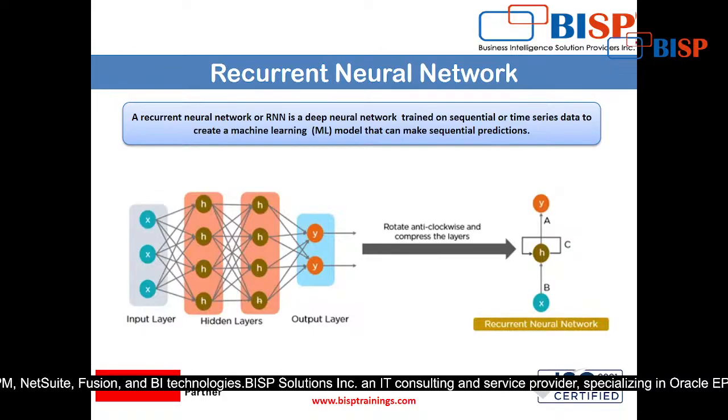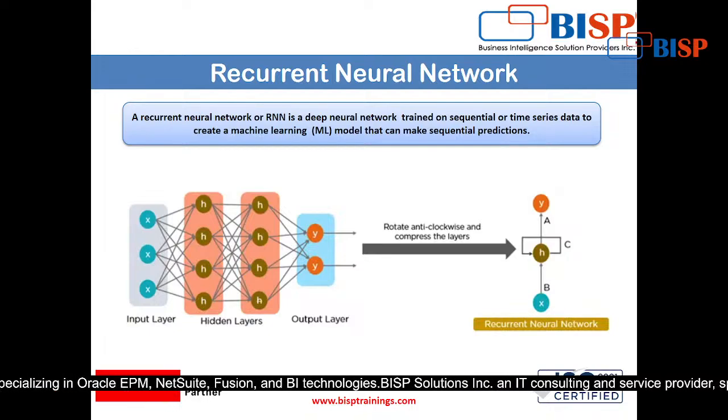A recurrent neural network or RNN is a deep neural network trained on sequential or time series data to create a machine learning model that can make sequential predictions. Sequential predictions means, last year the rainfall record was this, so on the basis of that I can predict what it will be this time.